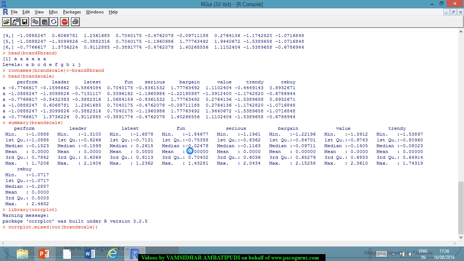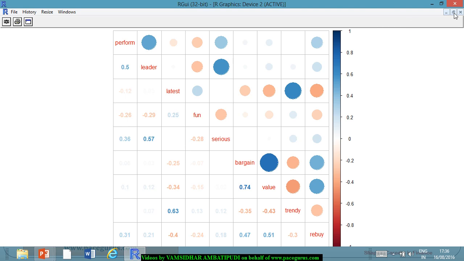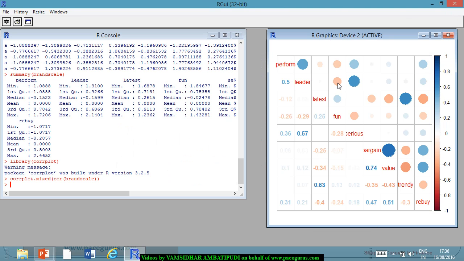So let me see if I am getting the correlation with respect to the brand scale. This is what is happening. The blue ones are positives and the red ones are negatives. Now I could see that performance versus leadership has a good positive correlation. Similarly, seriousness versus leadership, then probably latest versus trendy, then bargain versus value.